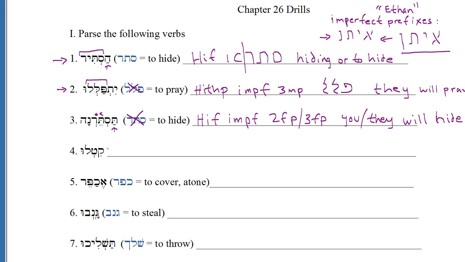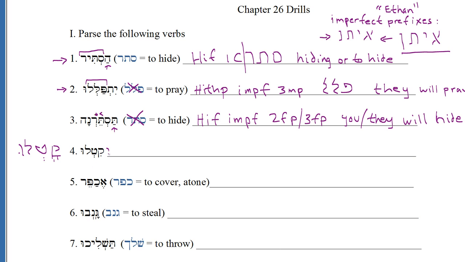And the reason it's a little bit confusing is because it doesn't match any of our perfects. Remember that a cal perfect third common plural would be katalu, and so katalu does not obviously match kitalu, so we need to look something below the imperfects.